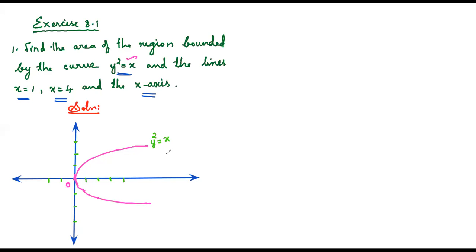This is the parabola y square is equal to x. When x is 0, y is also 0, right? So it starts from the vertex. And now listen, this is the curve y square is equal to x.